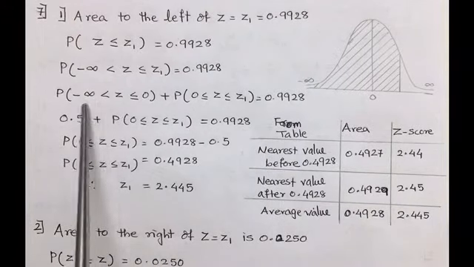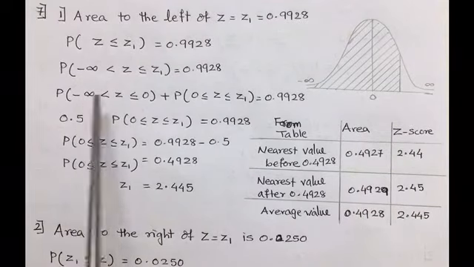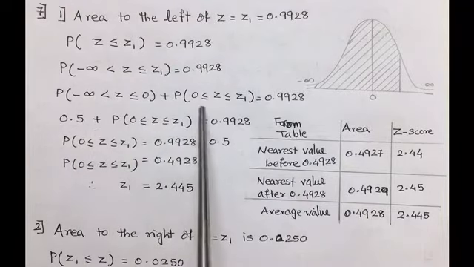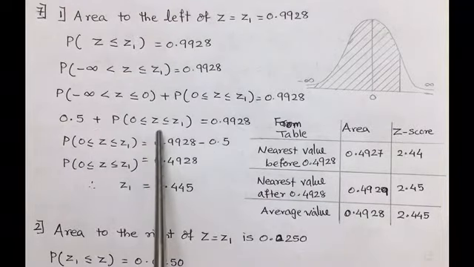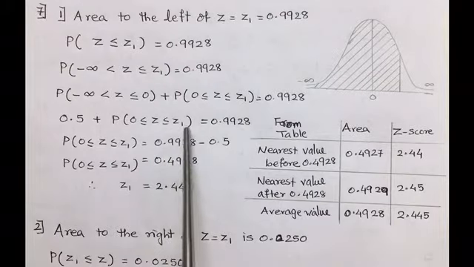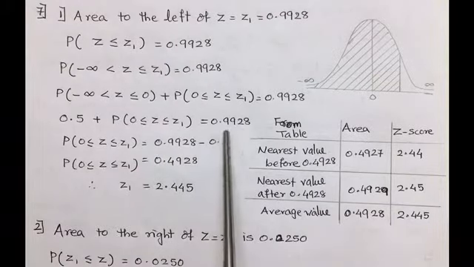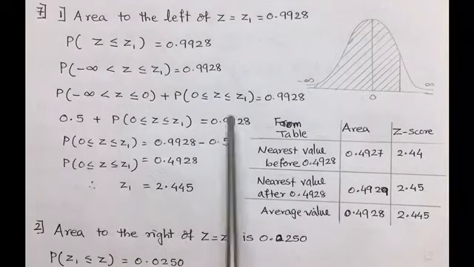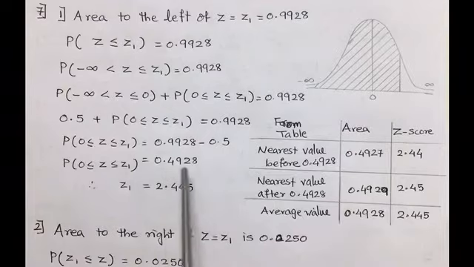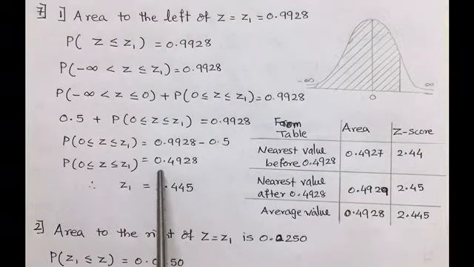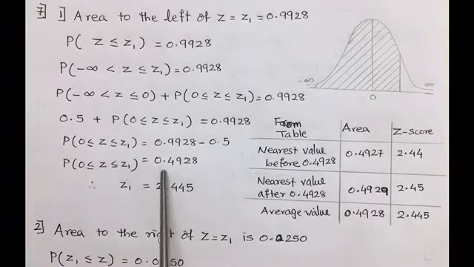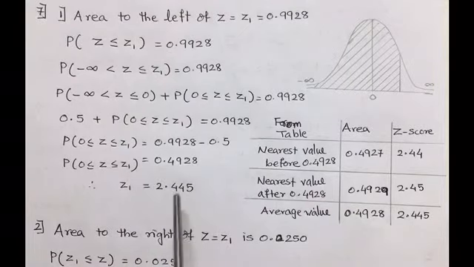We know the value of area from minus infinity to 0 is 0.5, plus probability of 0 less than or equal to z less than or equal to z1, and that is equal to 0.9928. Now shifting 0.5 to the other side and calculating it, we get the probability from 0 to z1 as 0.4928.